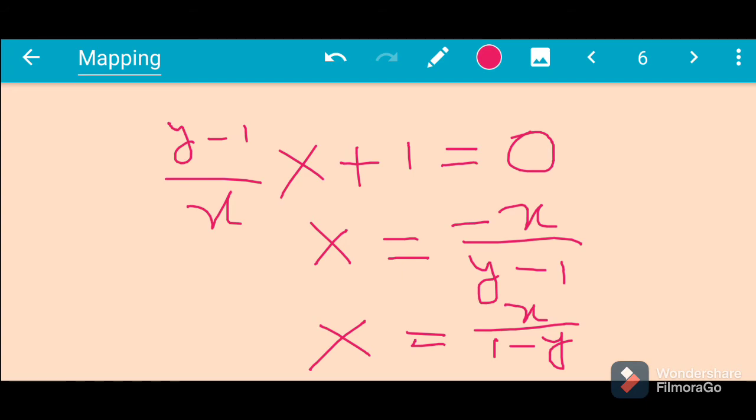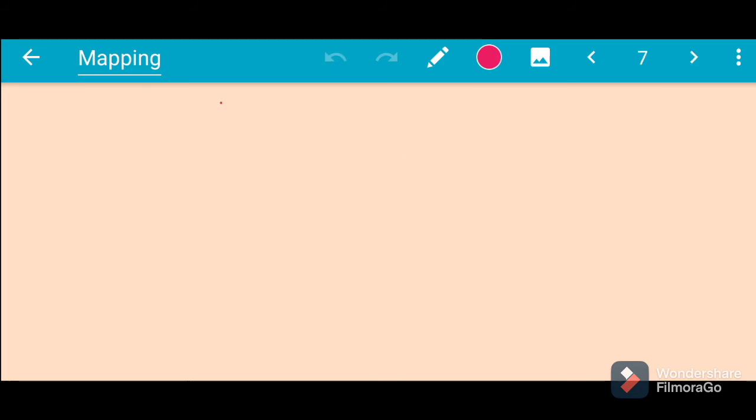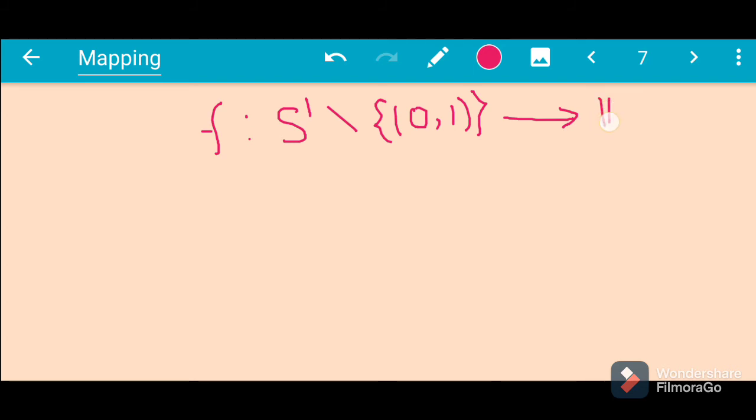So I can define this map as f from S1 minus the point (0, 1) to r. We leave out this point because it would meet the real numbers at infinity, but infinity is not considered in the set of real numbers. If there is a quantity called infinity, it is not a real number; it is excluded from the real numbers.